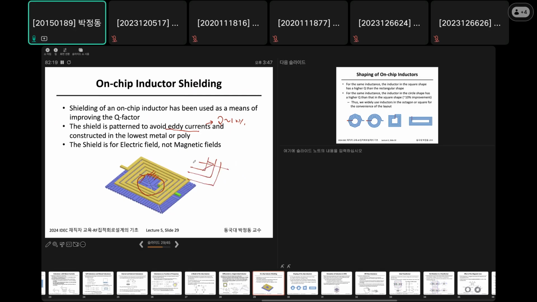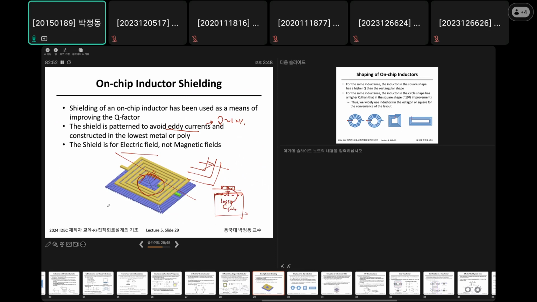Okay. Also, this shield is applied. If you take a cross-sectional view, then this is oxide, this is metal, and this is a shield. Okay, this shield prohibits the capacitive coupling through the lossy substrate. Okay, so the shield is not for magnetic shield, but for electric shield.